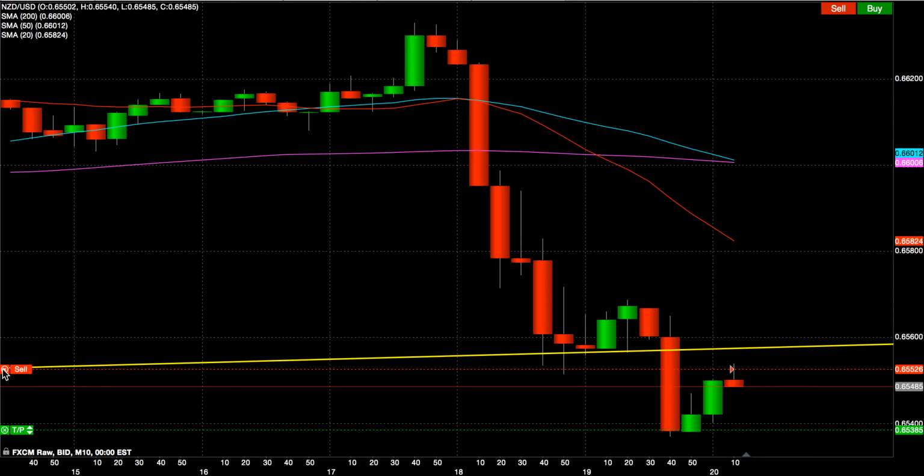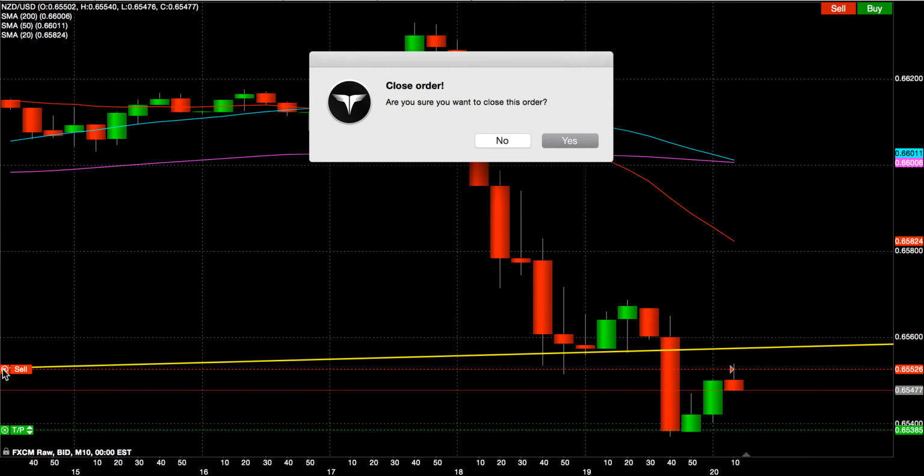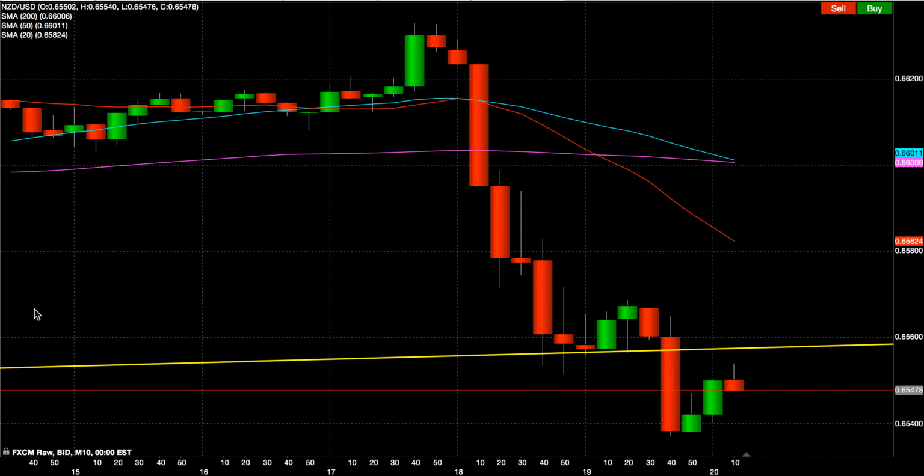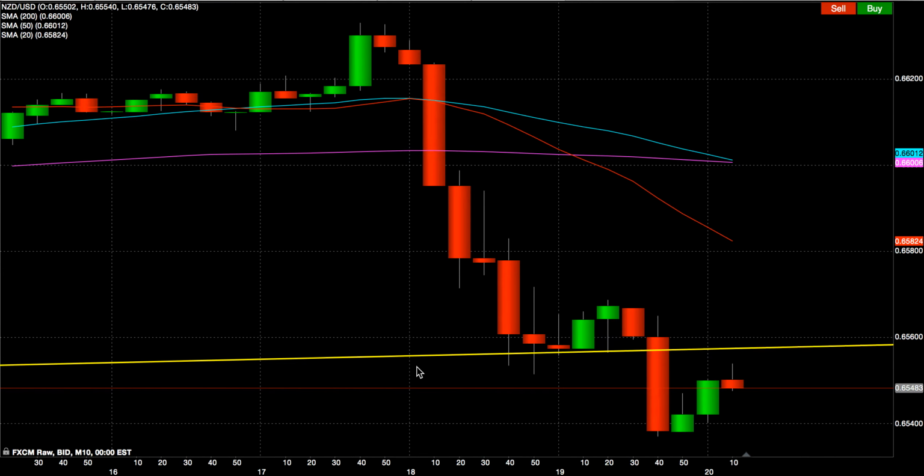I'm looking for 10 pips, although I may just take my profit here. Yep, locking it in. I don't always just wait for my targets. Once I do see some profit, I will take it. I don't mind jumping back in. As you all know, I just took some profit on this.